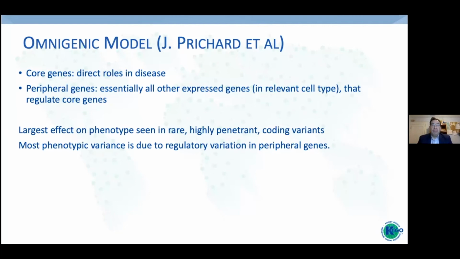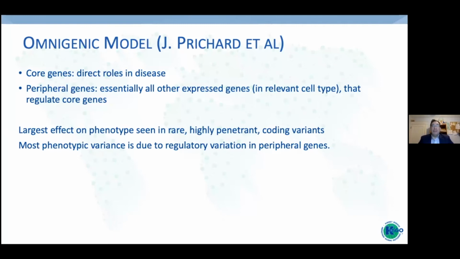There's this so-called omnigenic model that's been proposed by Jonathan Pritchard and colleagues, and just to greatly oversimplify it, there's this notion of the core genes with direct roles in disease, and then peripheral genes, and these are essentially all other genes expressed in the relevant cell type.